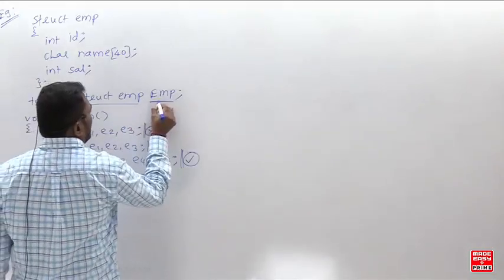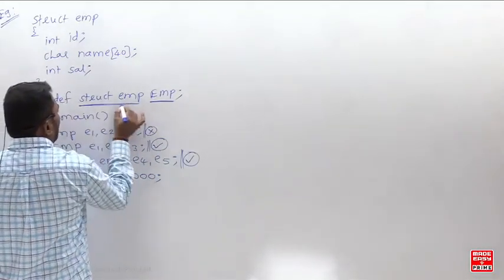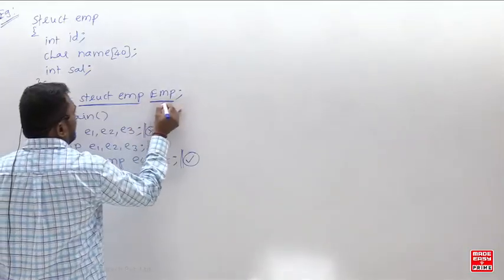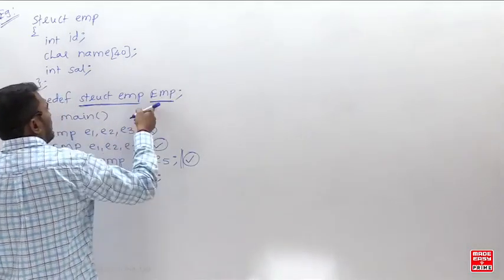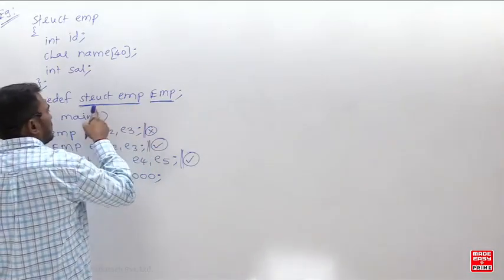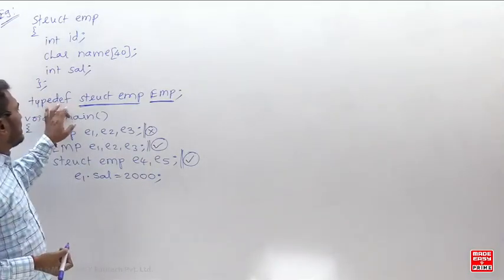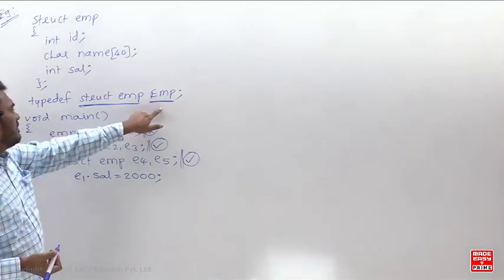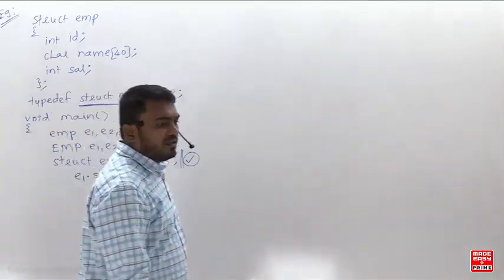Whenever you write this capital EMP, that will be replaced with struct EMP. Please understand here. What does typedef do? Whenever you write capital EMP, that is replaced with struct EMP. So every time you don't need to write struct EMP, and that is the reason you can use capital EMP.